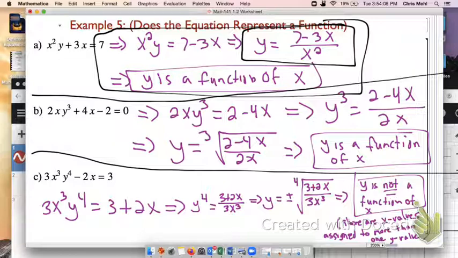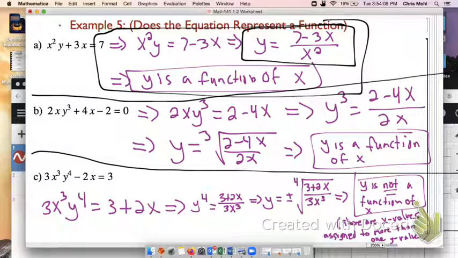Okay, so what this means is any x value that I plug into the right hand side is going to only correspond to a single y value. Again, you're going to notice that this has something to do with the power of y being odd. Okay, part B, I solve for y by adding 2 and subtracting 4x on both sides, dividing by 2x in the next step, and then the third step is by taking the cube root of both sides.